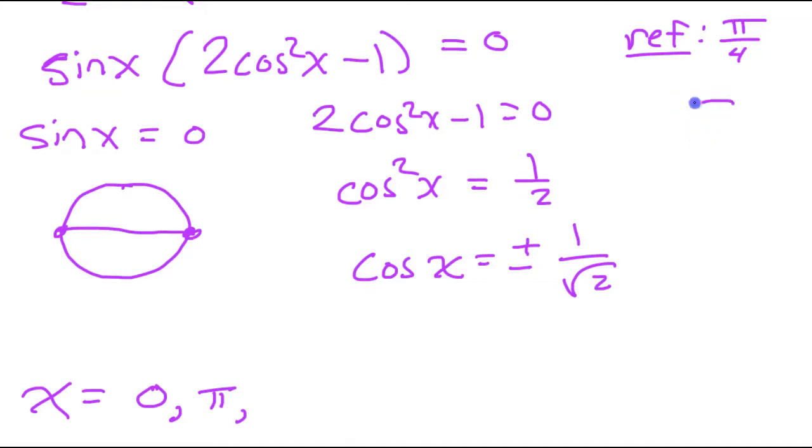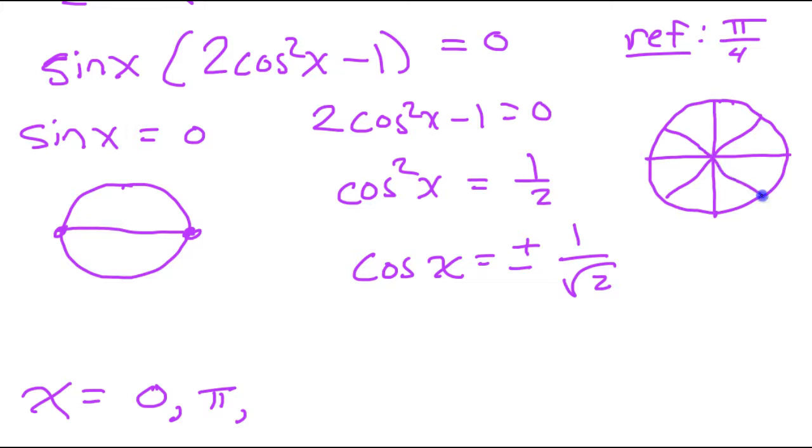Okay, so you should be able to name the angles that we need without drawing this picture. I'm just drawing this picture because you can't read my mind, and I need to show you what I'm thinking. Okay, these are all of the angles that have a reference angle of pi over 4.